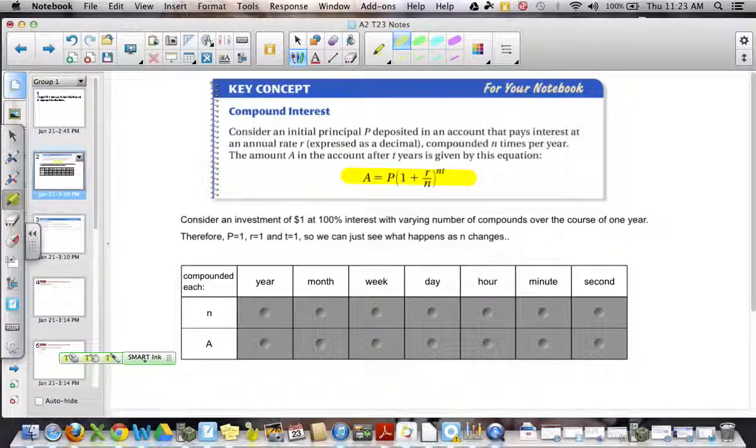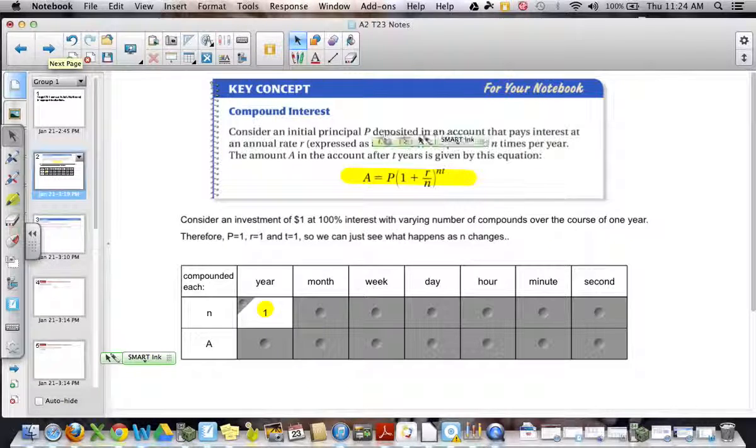So if we compound once per year, then n is 1, and the amount at the end of that year would be 2, because at 100% interest you're basically doubling it.